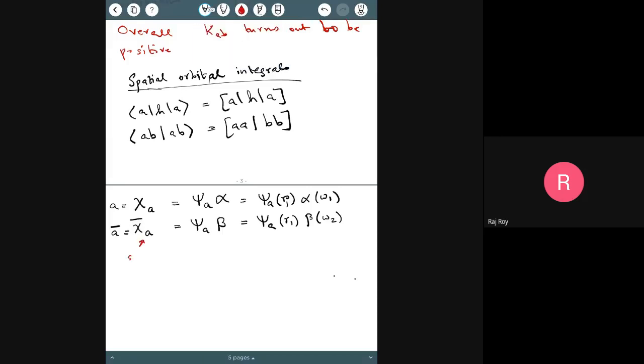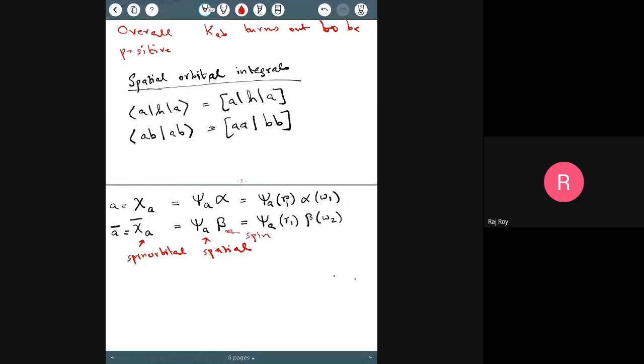So this is the spin orbital, and we are using the bar to denote whether it is an alpha spin orbital or a beta spin orbital. This is the spatial part, the psi, and this is the spin part, beta, if you write it explicitly.